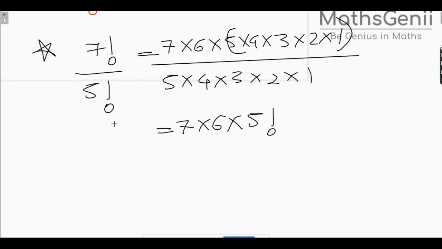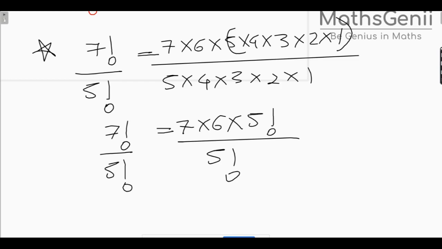So to expand 7 factorial, I am going to write 7 into 6 into 5 factorial, and 5 factorial as it is. I'm not even expanding it. Why? Because 5 factorial and 5 factorial get cancelled, and in one step I am getting the answer as 7 sixes are 42. Simple. This is how you expand.